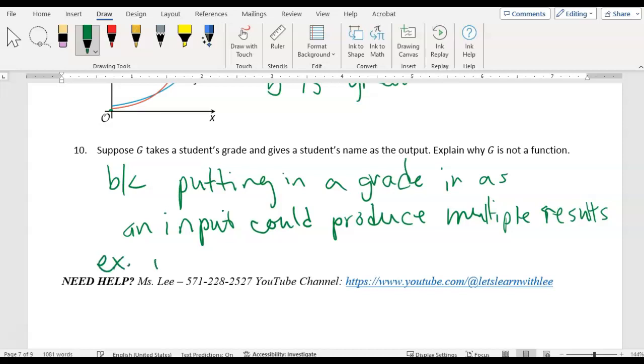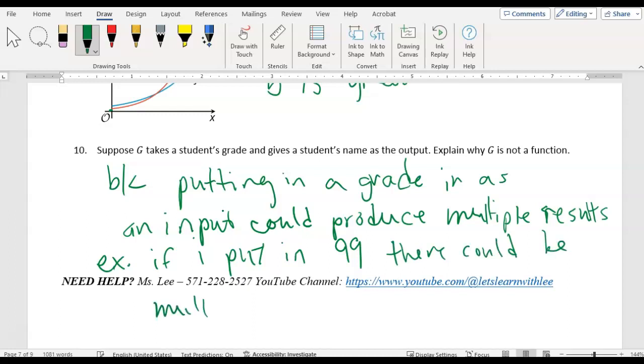Example, if I put in 99 as the grade, there could be multiple students with that grade.